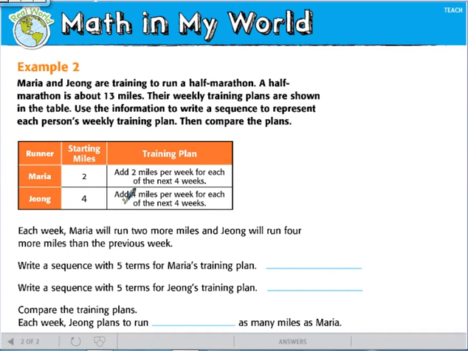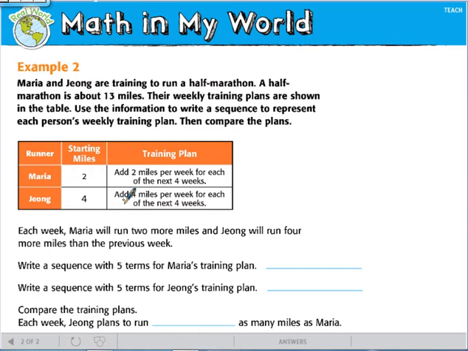So the first thing it tells us to do is we're going to create a what? We're going to create a pattern. So in order to create the pattern, we're going to write a sequence with 5 terms for Maria's training plan. Maria's is pretty easy because we're going to start with 2 and we're going to add, how many are we going to add every time? 2.